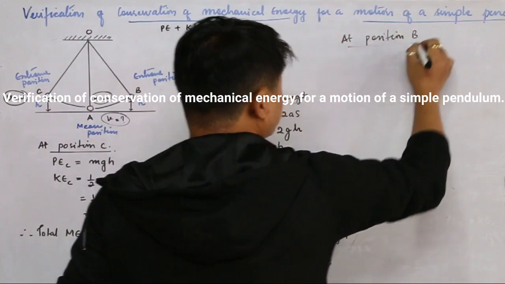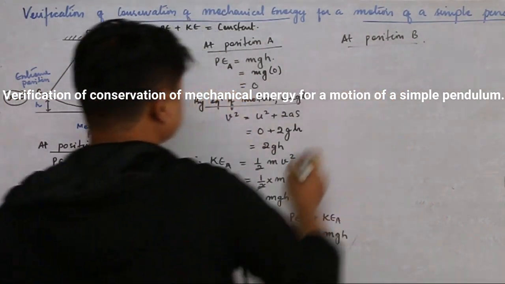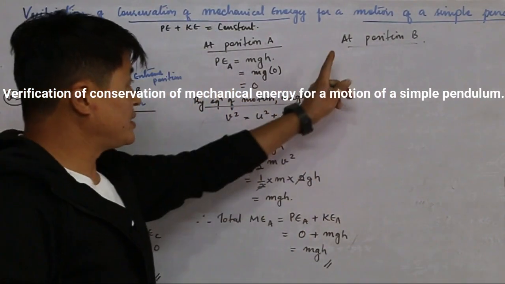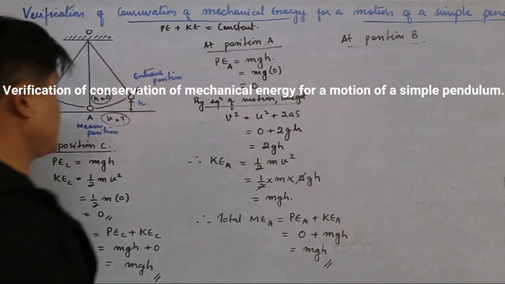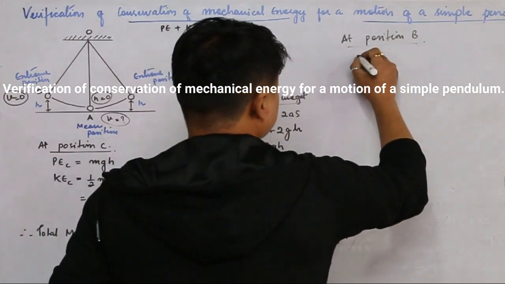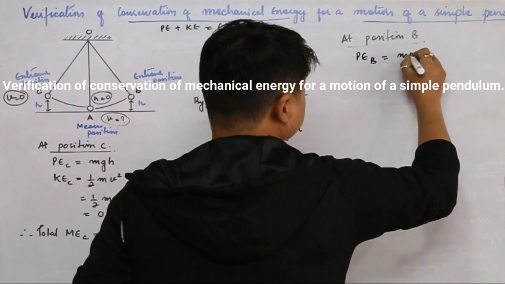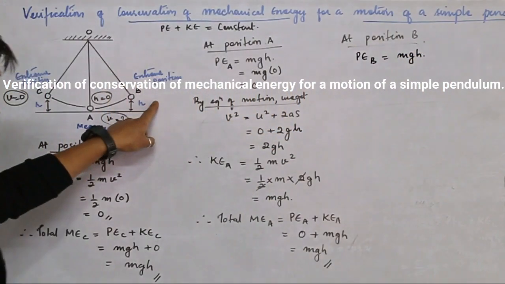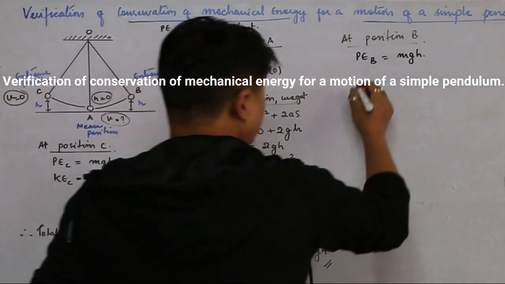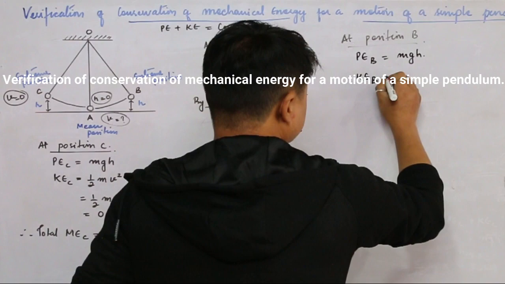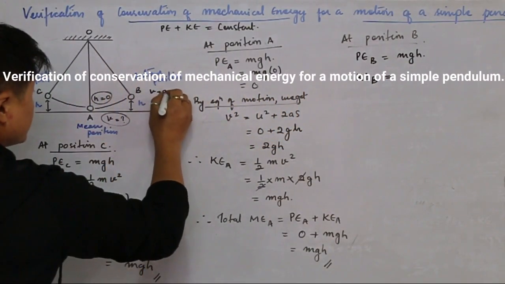And at position B, position B and position C will be the same because they are both extreme positions. Even so, we will find it here. Potential energy at B is equal to mgh. Here the height is maximum, so again this will be mgh only. There will be no change. And kinetic energy at B will be how much? Here at B again the velocity will be 0.